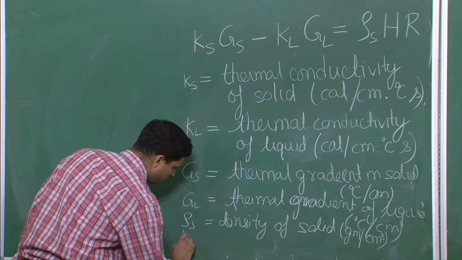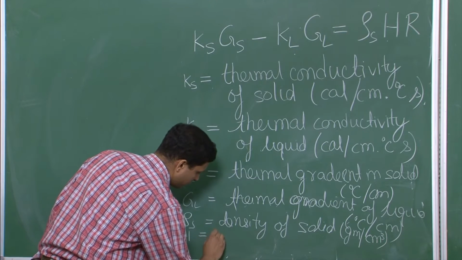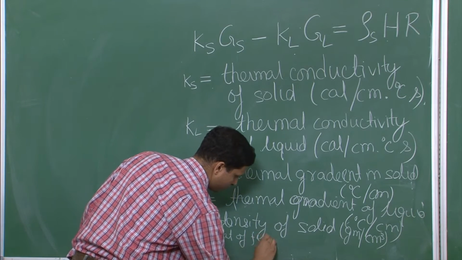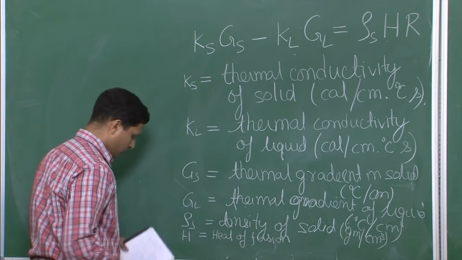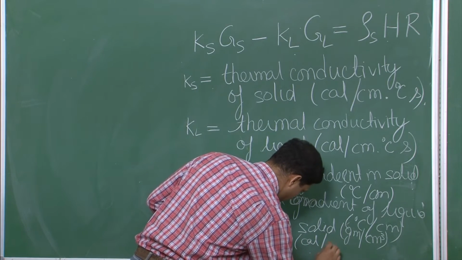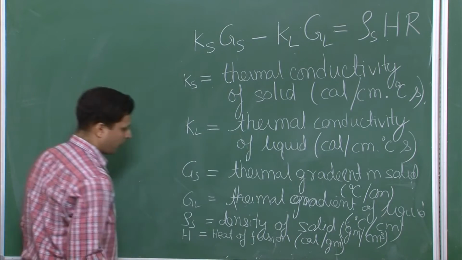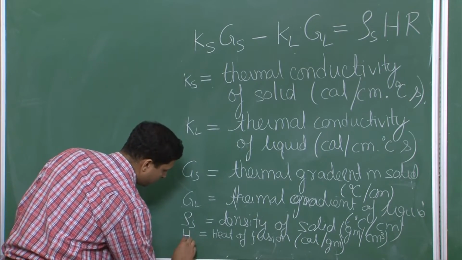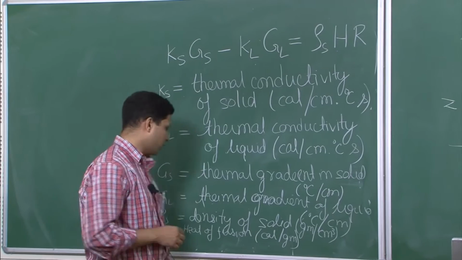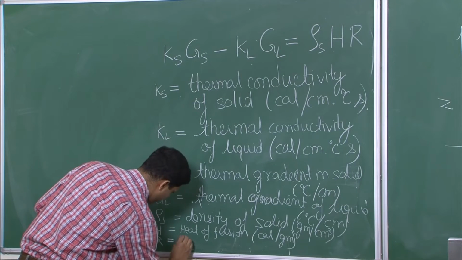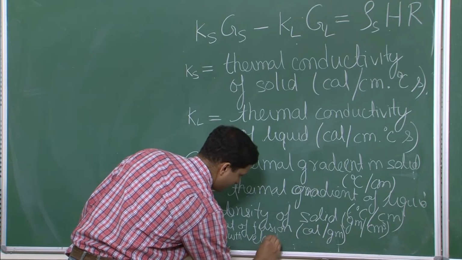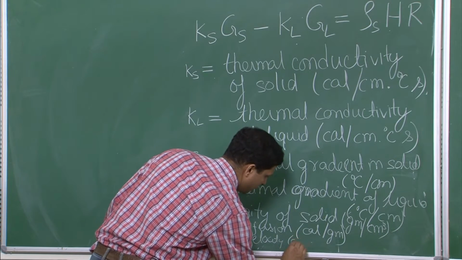And we have H, which is nothing but the heat of fusion, so this will be in units of calorie per gram. And R here is the rate of growth, or the rate at which the interface is moving. So, R is the growth velocity, in centimeter per second.